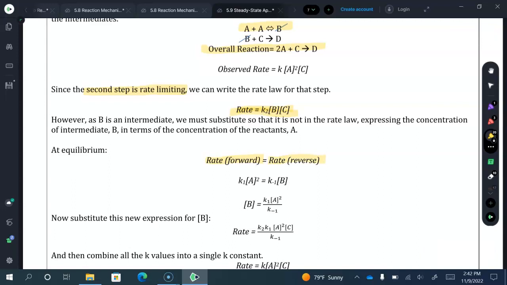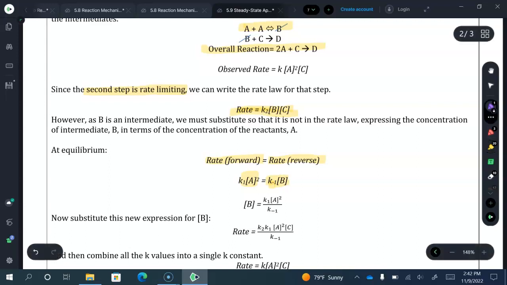So we can write the rate law for the forward reaction, k1 times A squared, and that is equal to the rate of the reverse reaction, which is k negative 1, because it's the first reaction going the other direction, times the concentration of B, not squared, just B. And when it's reversed, the products become reactants.